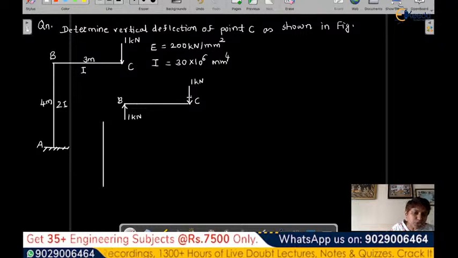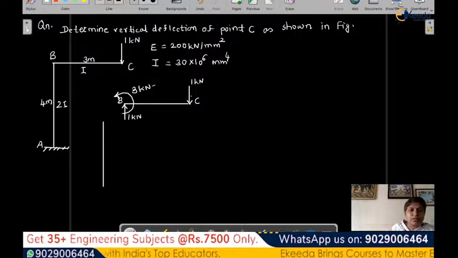So it is trying to push the beam down. So to oppose that, there has to be anti-clockwise movement in this direction. So we will show an anti-clockwise movement of 3 kilonewton meter, that is 1 into 3. Okay, 3 kilonewton meter. So this is anti-clockwise movement. Now, work is done for the BC member.